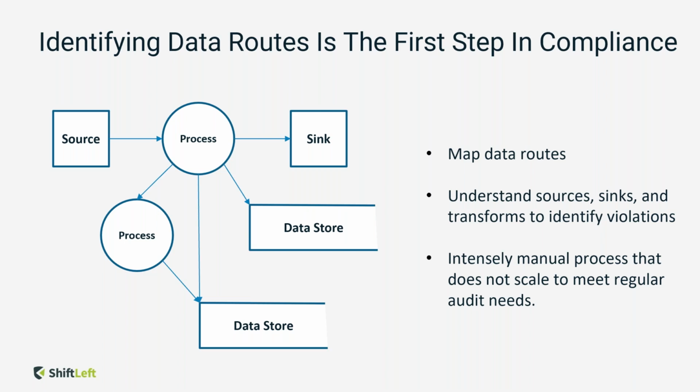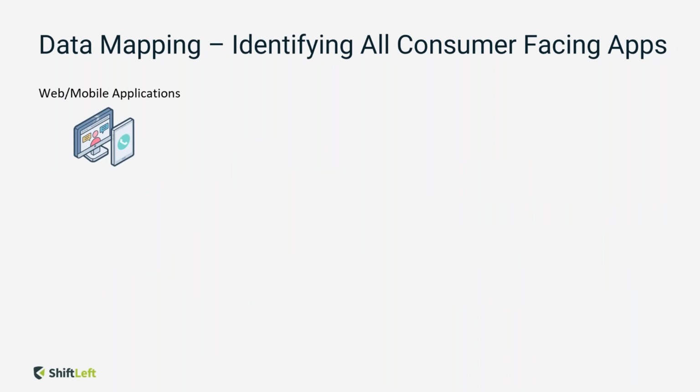So let me walk you through how this would look from a process standpoint. Imagine you have a bunch of web and mobile applications. The first step is to figure out what all those applications are, identifying all the consumer-facing applications in your organization.